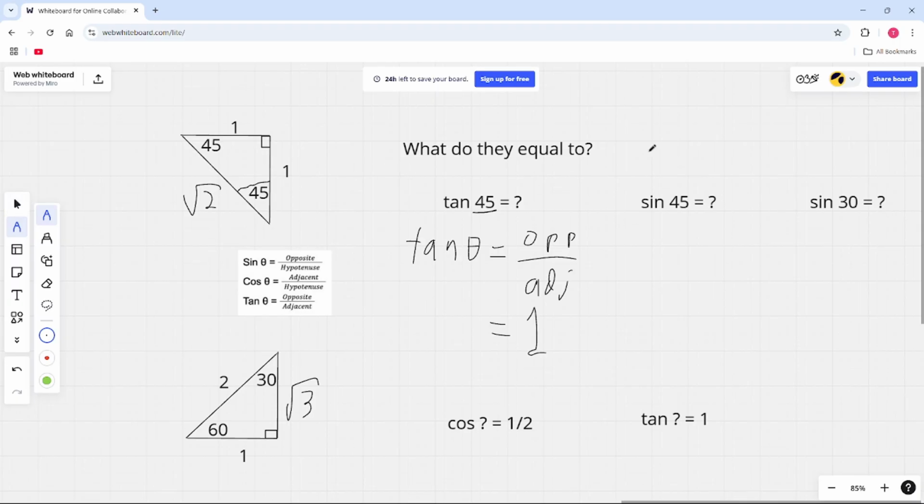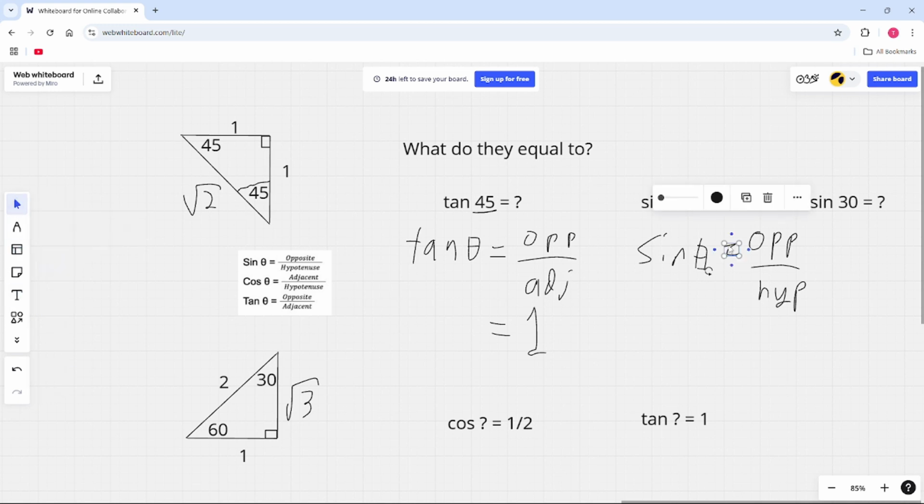Let's take a look at sine 45. Sine theta is equal to the opposite over the hypotenuse. My equal sign looks like a Z. Sorry about that.